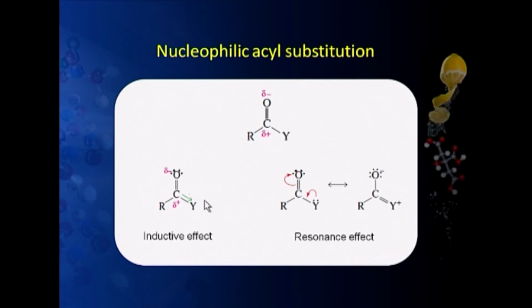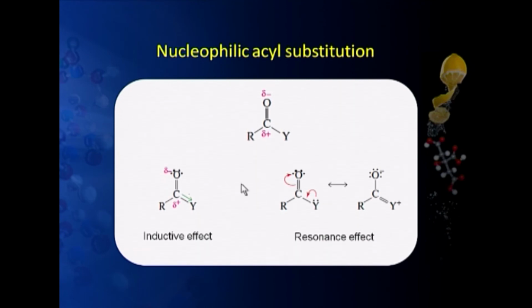If Y is more electronegative, the positive charge will be more, and there are more chances that this group will be easily substituted. And if this Y group is involved in resonance, this C-Y bond becomes stronger, has got some double bond character, then it will be difficult to replace this Y.